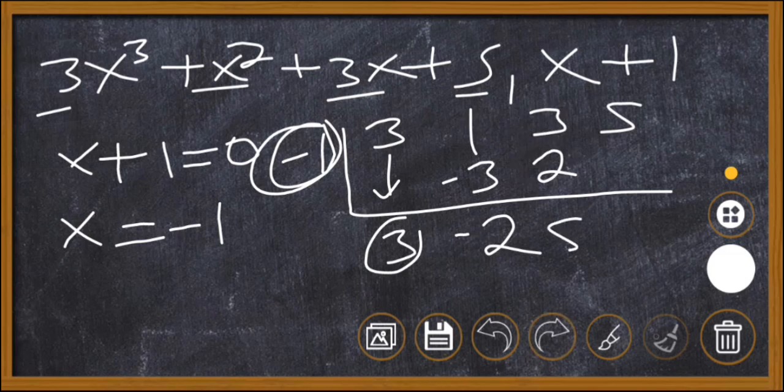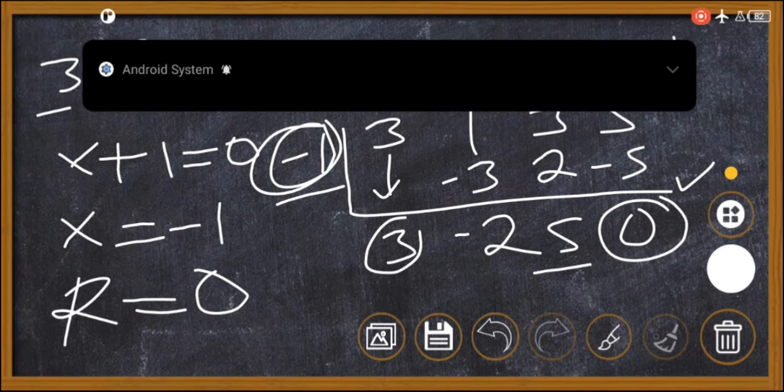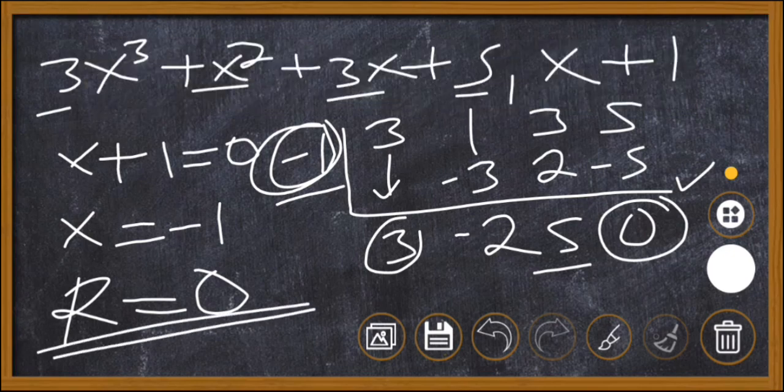We're going to have 5. Then negative 1 here multiplied by 5 is negative 5. Then 5 subtract 5 is 0. So this is our remainder. Remember, the value that is last here is the remainder. So our remainder in this case is equal to 0. So that's the answer for this expression using the synthetic method.